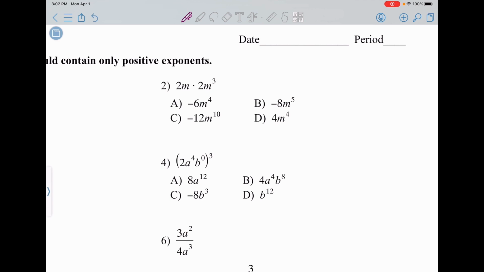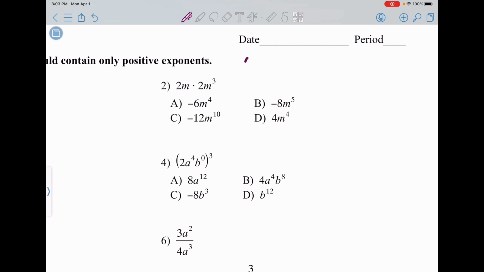So let's get started. We started this unit with going over properties of exponents. So in number 2, we have 2m times 2m to the power of 3. When you have more than one variable or some coefficients, make sure you treat everything separately.